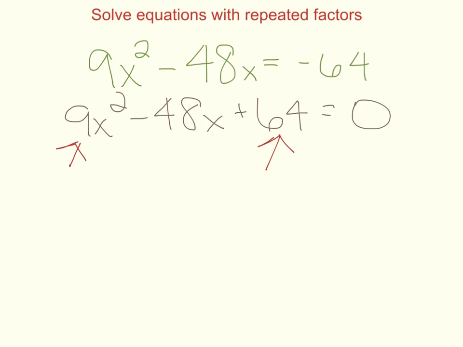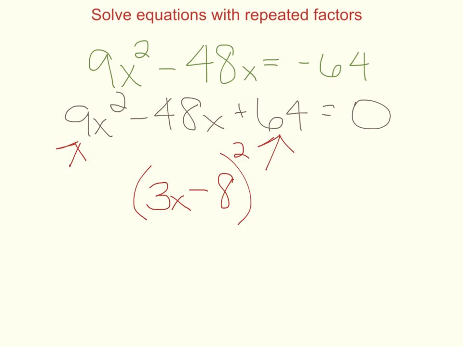So your first number, if you squared it, would be 3x to get you 9x squared. And then in order to get 64, you would have to square 8. But you also have to get a negative 48, which means you have to make this 8 negative. So you would square that.